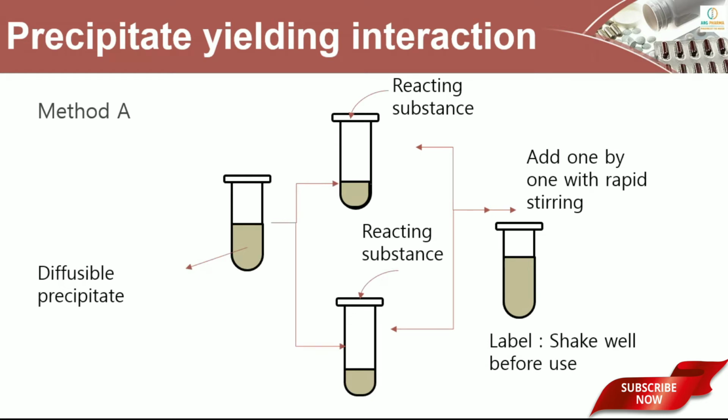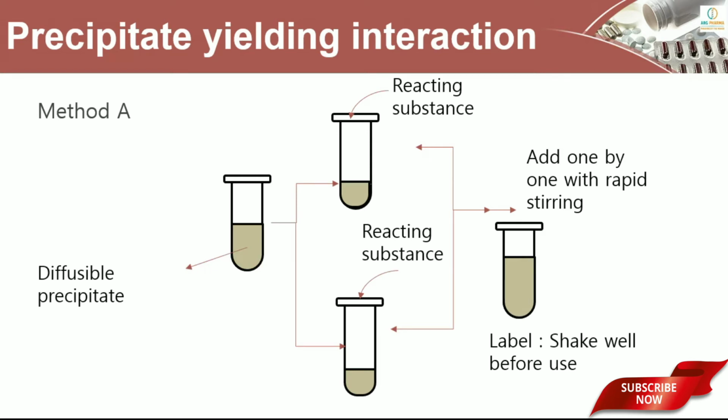Next step is to mix the two portions by slowly adding one portion to the other portion with rapid stirring. Finally, a secondary label, shake well before use, should be fixed on the container.